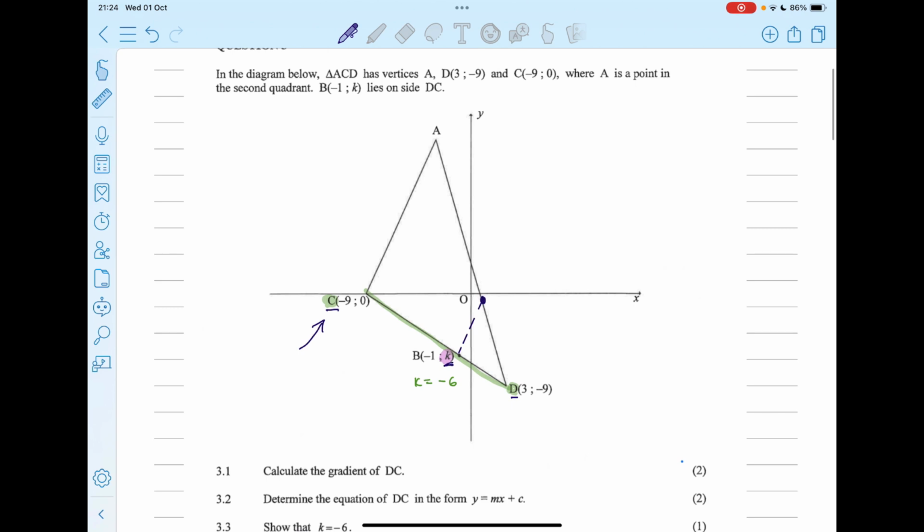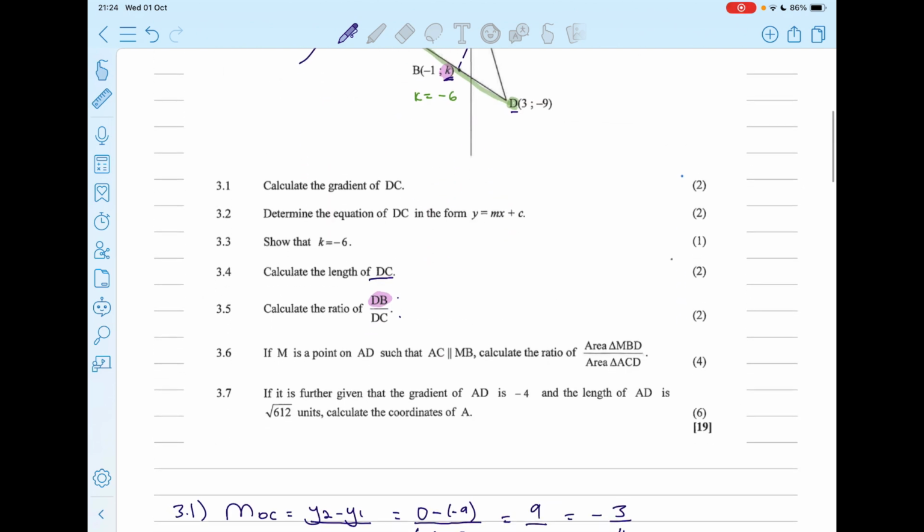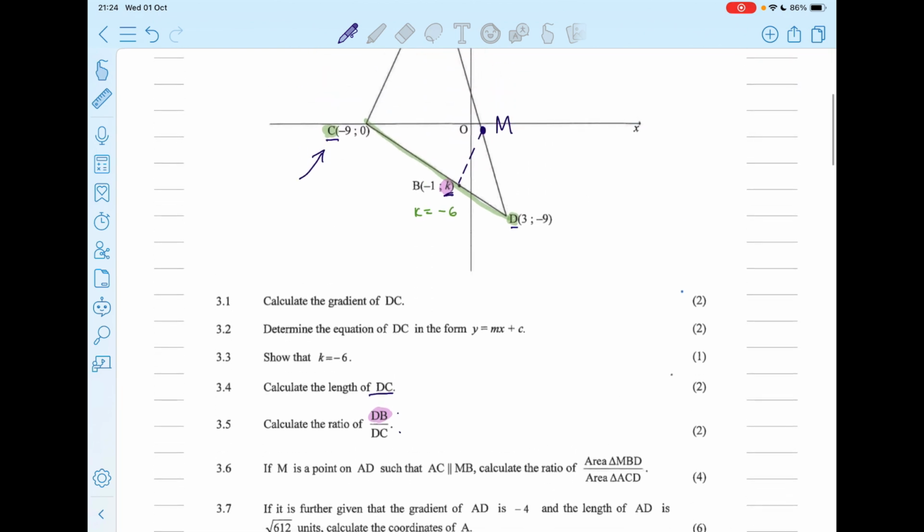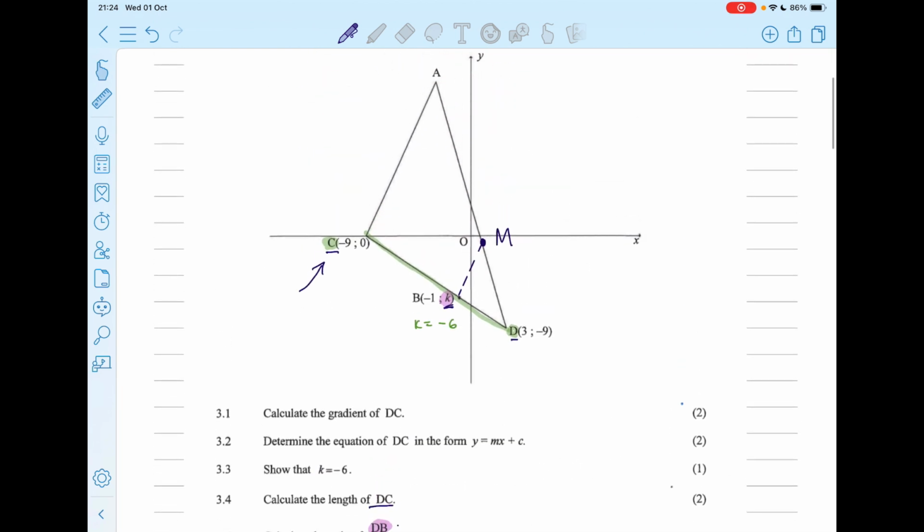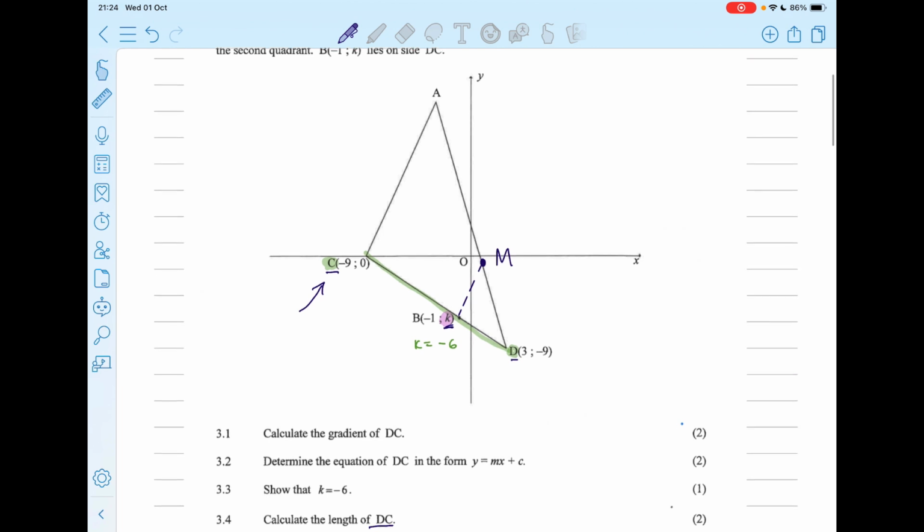So that means it's in the actual right position. Now we have MB, which is parallel to AC, and we don't know the coordinates of M. All right. So now we need to calculate the ratio of the areas of the two triangles.